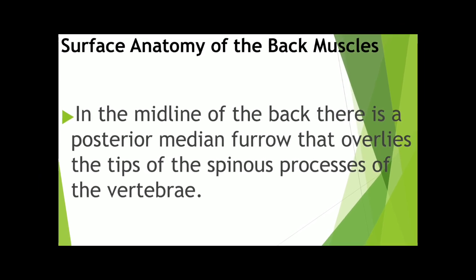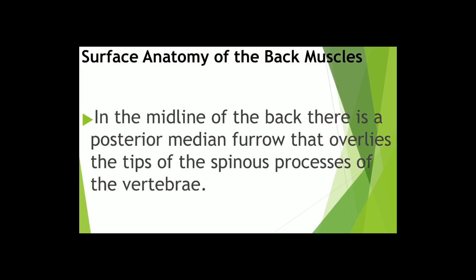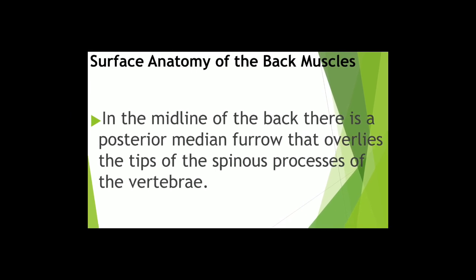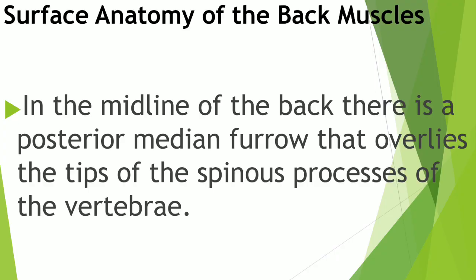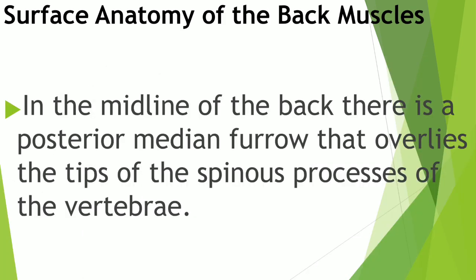When the upper limbs are elevated, the scapulae move laterally on the thoracic wall, and then the rhomboid and teres major muscles become visible on the back. You also have the superficially located trapezius and latissimus dorsi muscles connecting the upper limbs to the vertebral column. You can also see that on the back. So much for the surface anatomy of the back muscles.